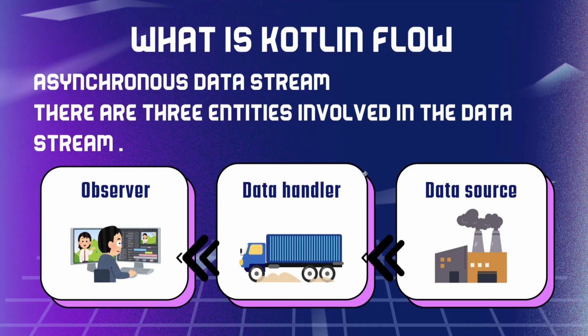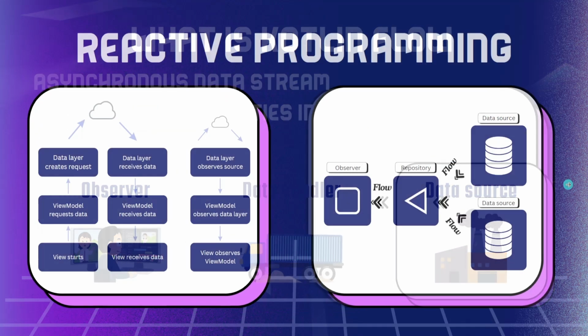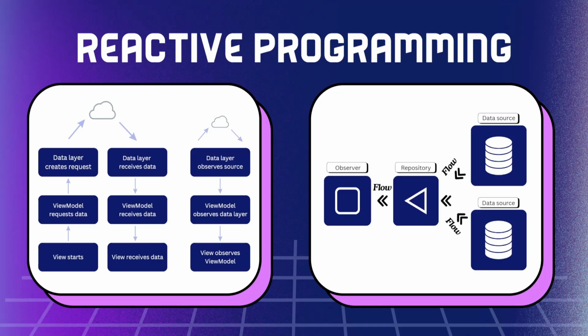Now let's check what is reactive programming in more detail. Generally, we have two different types of programming: imperative and reactive. This one shows the imperative diagram, and this one shows the reactive diagram. First, let's see what is imperative programming. It is the opposite of reactive programming. In imperative programming, developers explicitly define the steps that the program must take to achieve a specific goal.